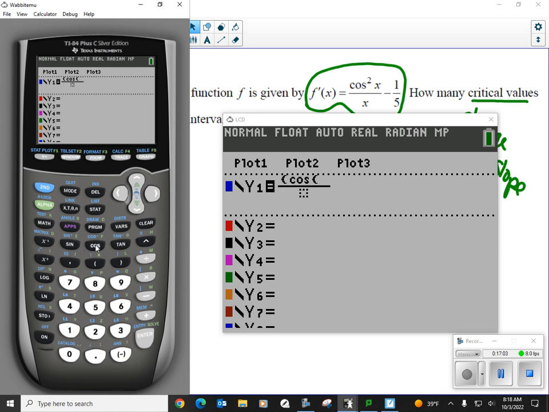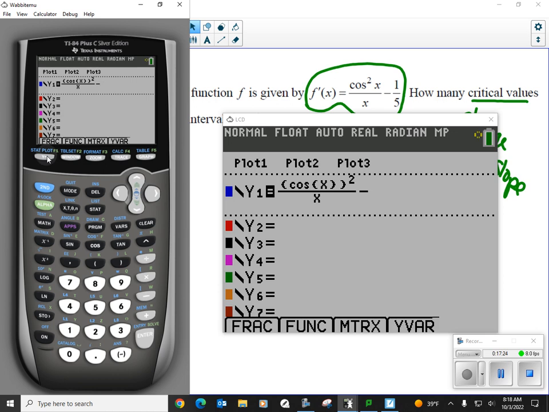So I'm going to put cosine of x and then square the whole thing. I always tell my students to write it like that, because when I have to take the derivative of it, the power rule is much easier to do. So it's cosine of x all squared over x minus 1/5.